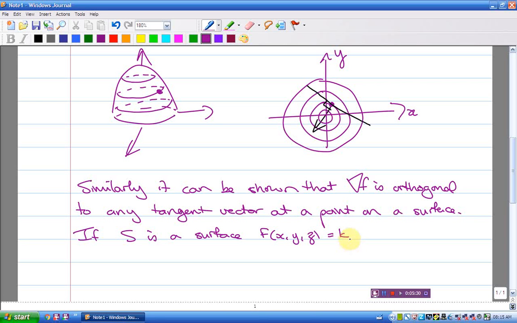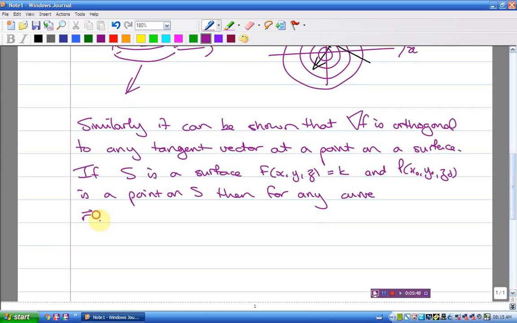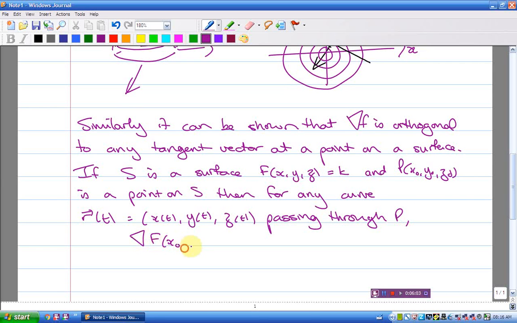If S is a surface that looks like that, and P is a point with 3 coordinates on S, then for any curve, I'm writing it as a parametrized space curve, passing through P, we have the grad of F. Now, my big F is a function of 3 variables, so it's going to have 3 derivatives, so it's a 3-dimensional vector.